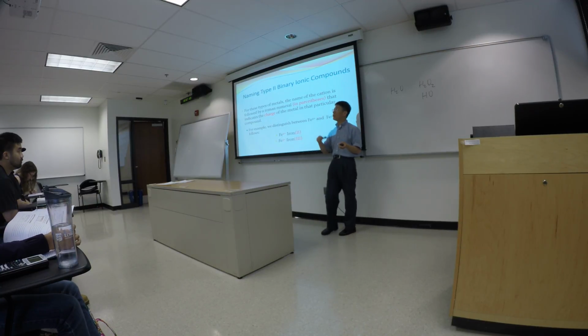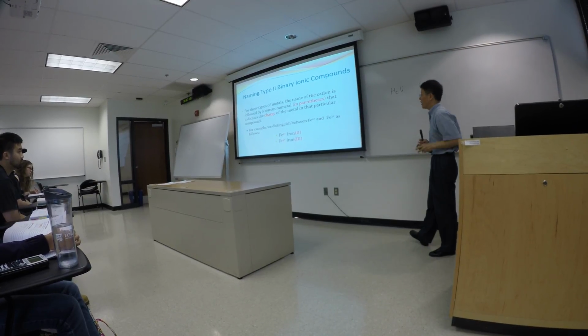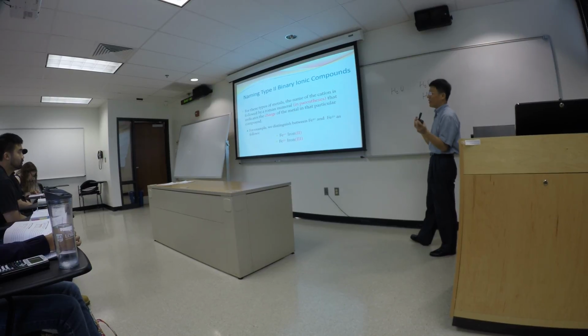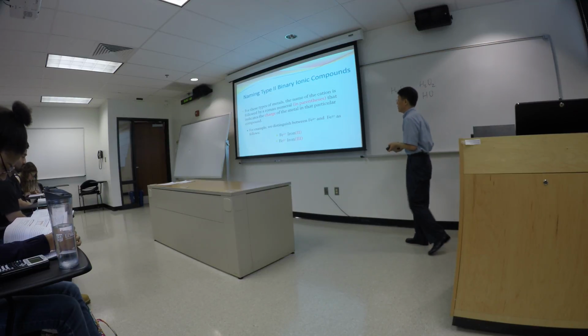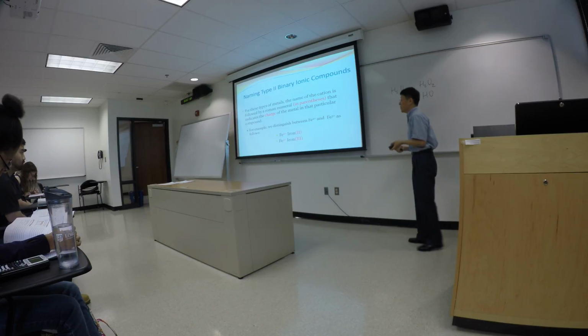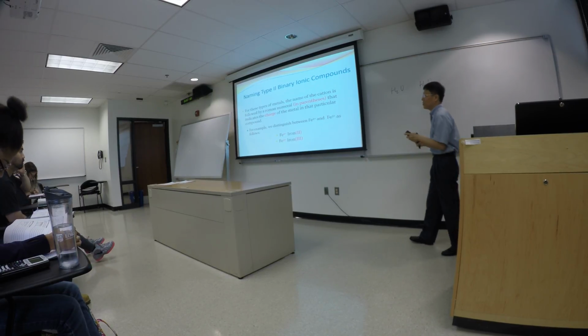Prior to that, we gave different English words to represent iron 2+ and iron 3+, which is very confusing and involves a lot more memorization. Sometimes you see ferric versus ferrous, which represent different charges.